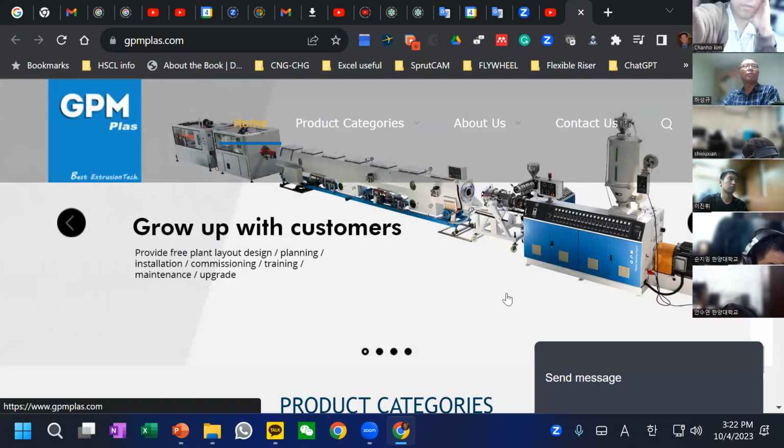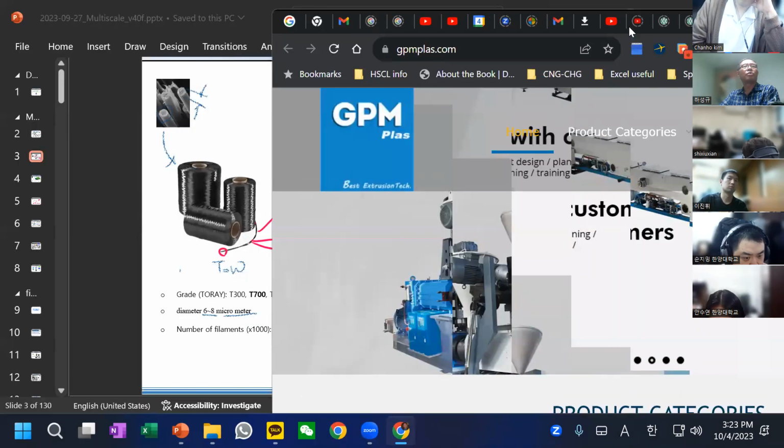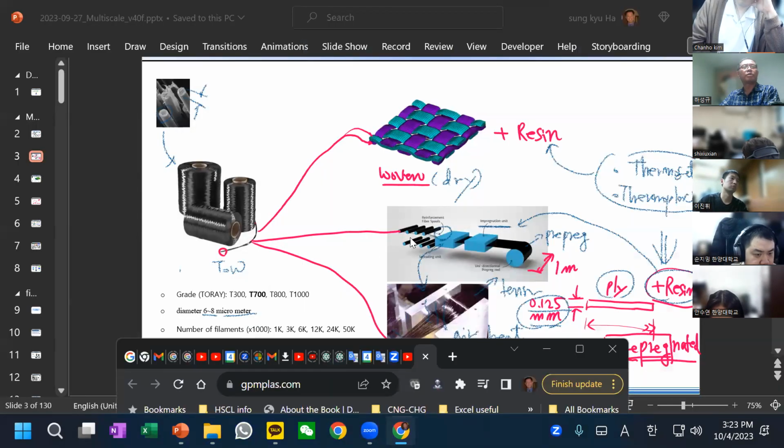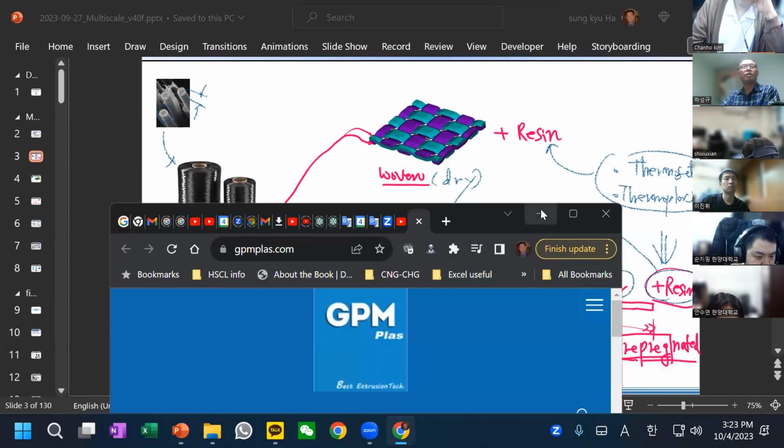Well, this is one of the companies. They produce the machines. Conceptually it looks very simple, just a spread and the resin. But in reality, the machine is not that simple.